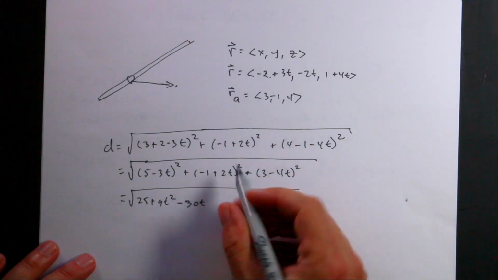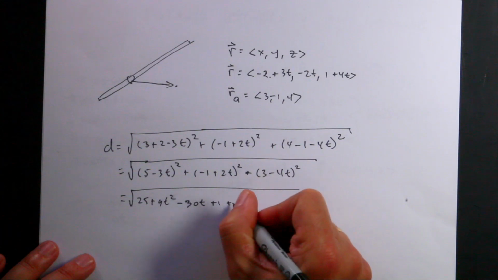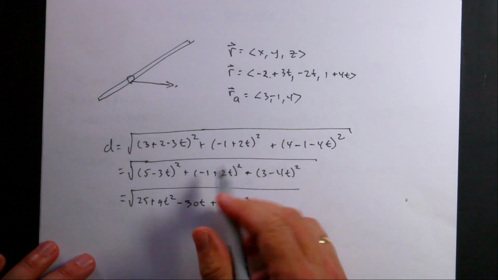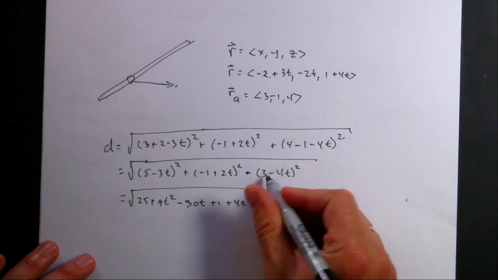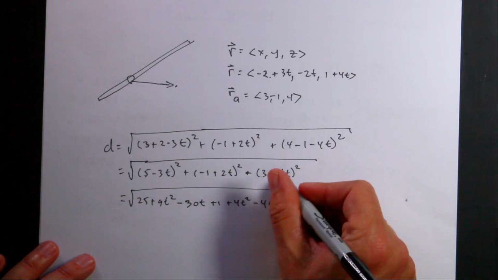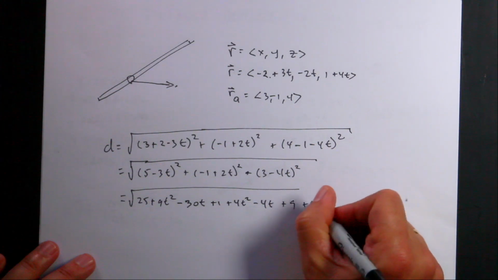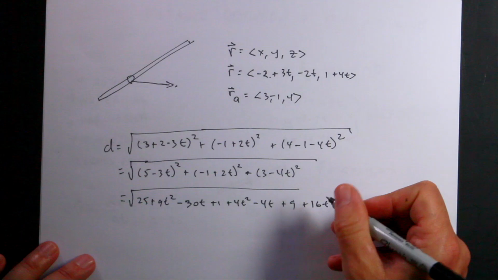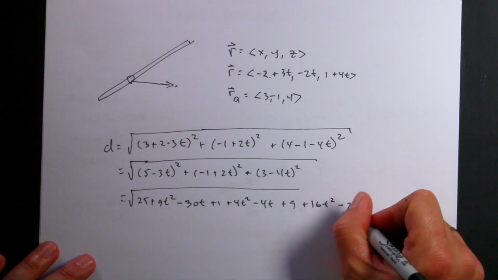Now right here, I'm going to get negative 1 times negative 1 is 1, and then I get 4t squared, and then I get negative 2t twice, so it's going to be negative 4t. Here I get plus 9, and then I'm going to get 4 times plus 16t squared. And then I get the cross term of negative 12 twice, so it's negative 24t.